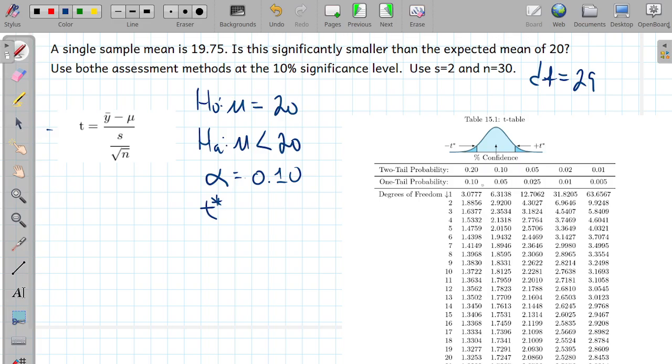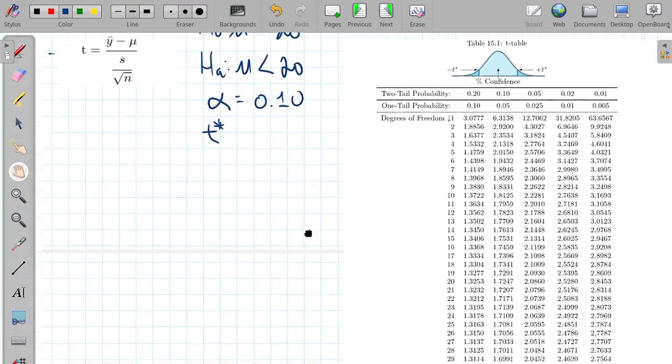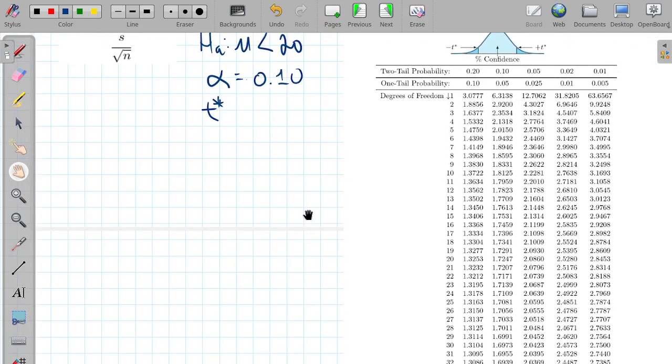All right, so on row 29, we have 1.311. But you'll notice it's a less than, so we want that to be negative.